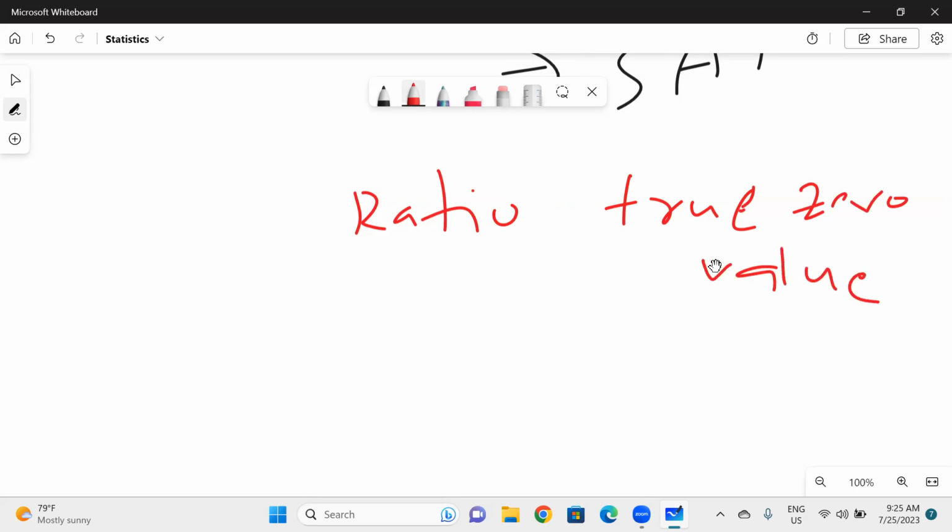True zero means we cannot have anything below zero. You can take any such data and it cannot go below zero. It is not even possible. That we call true zero value. Here the examples are height, weight, and length. So is there any chance the height of any person could be below zero?